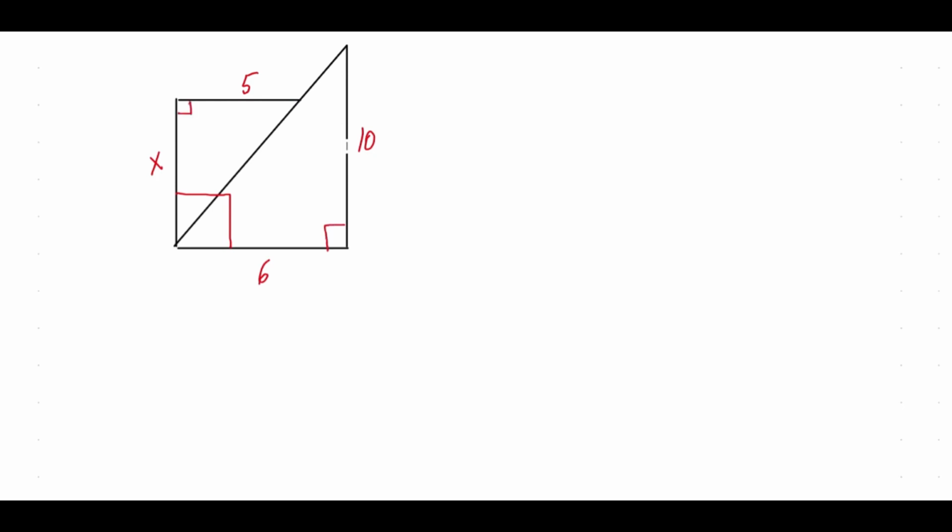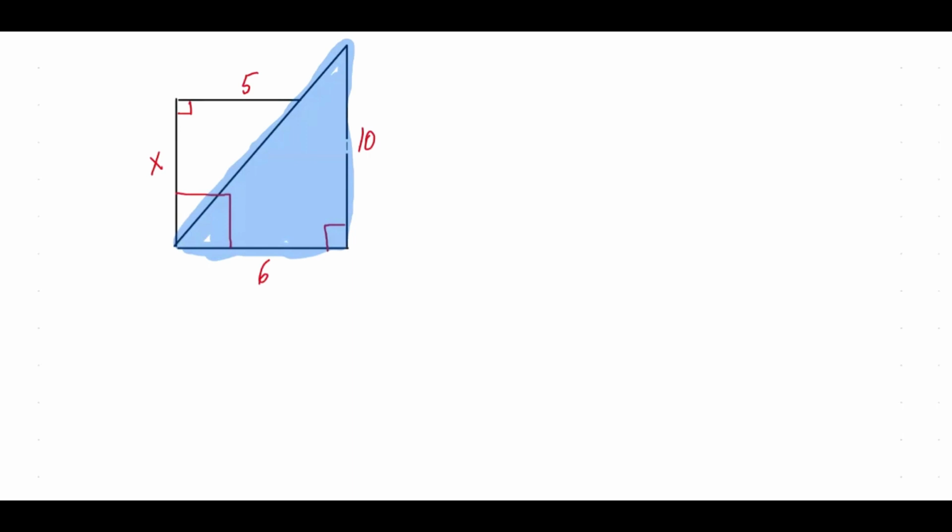Now, how to find the missing side? Here, I'm going to highlight the two triangles I have in the picture. I have the bigger one, I'm going to shade it blue. And I have the smaller one. Let me use a different color to be more visible.